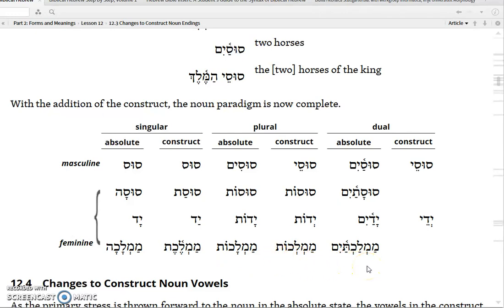And if you happen to have a pair of kingdoms, a form which I don't think actually ever occurs, mamlaktayim would be the form that you would expect. And the construct would look like a masculine plural ending if that were to be in construct. But since that form probably never occurs, it is probably a moot point.